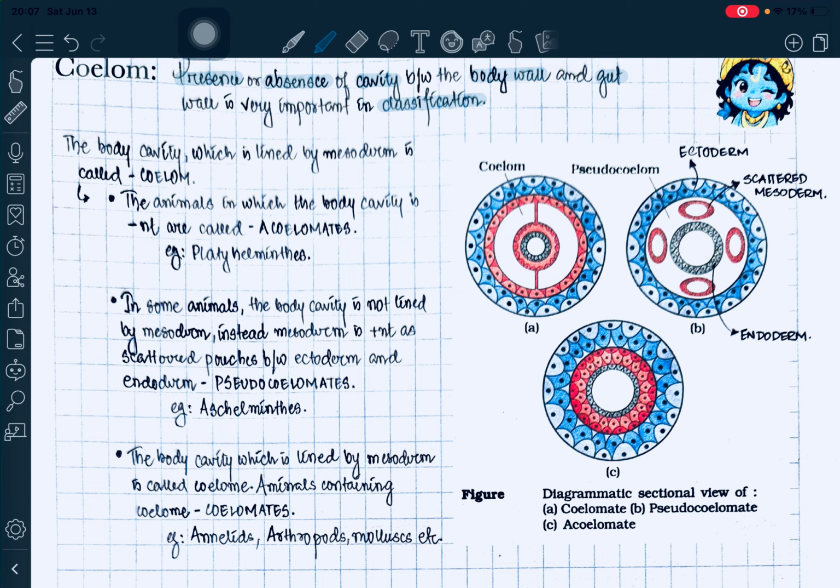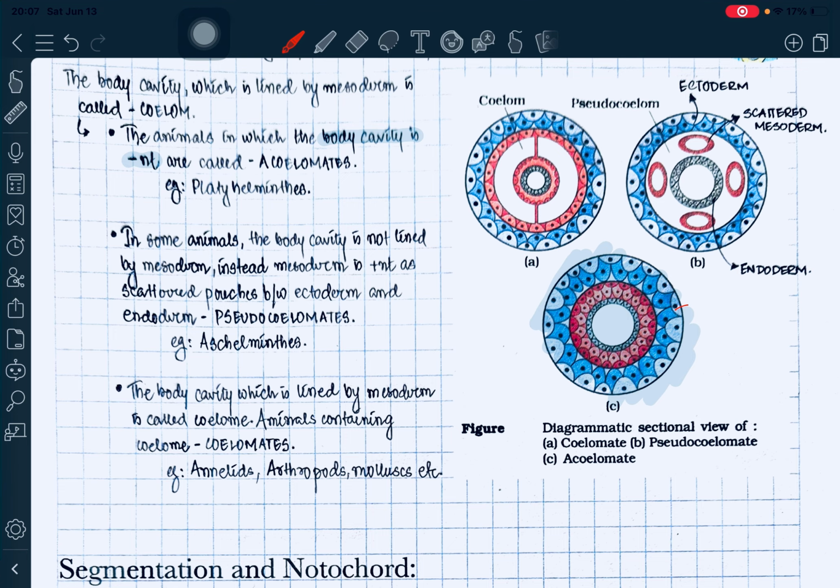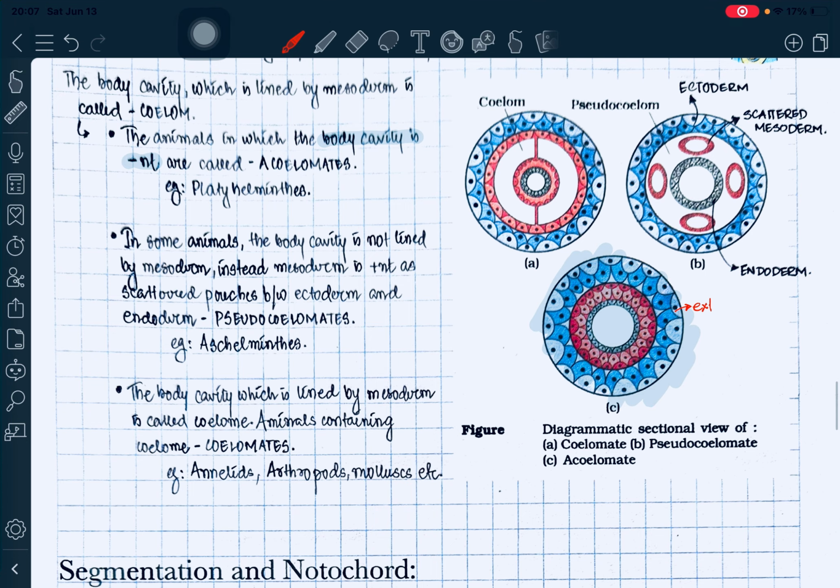So see, when the body cavity is absent, like in this case, if you see this condition, you will have an external layer, and at the center you can see the gut.